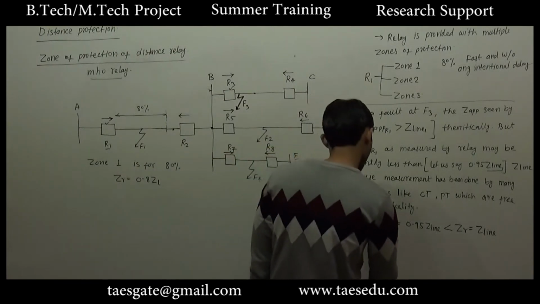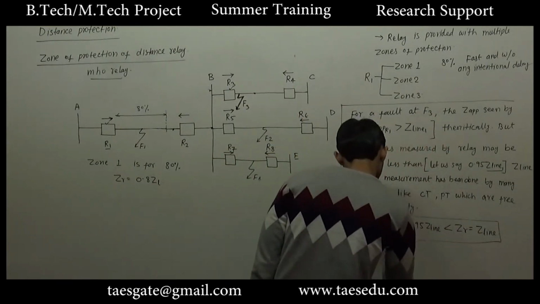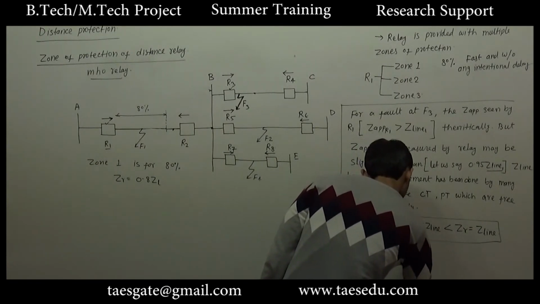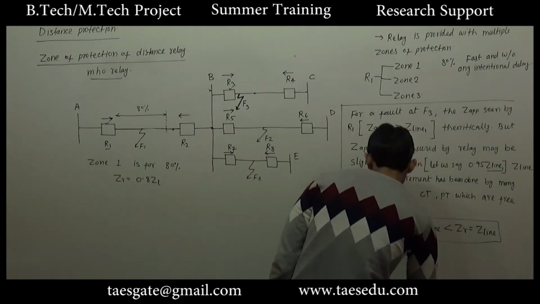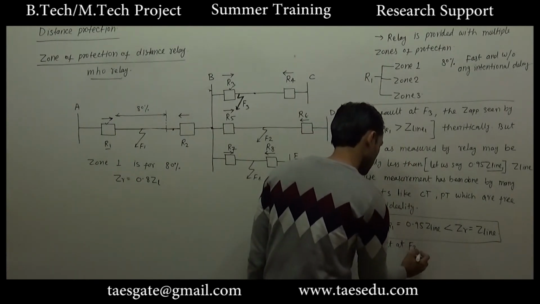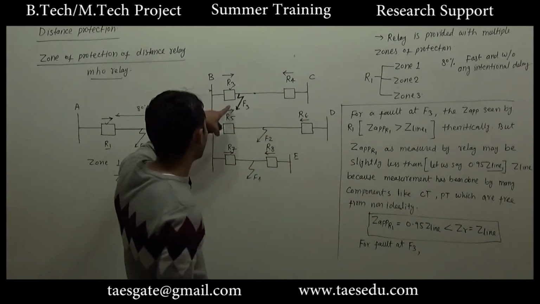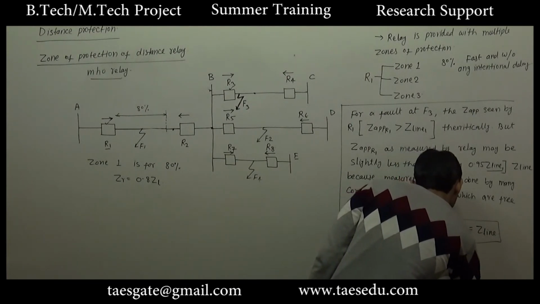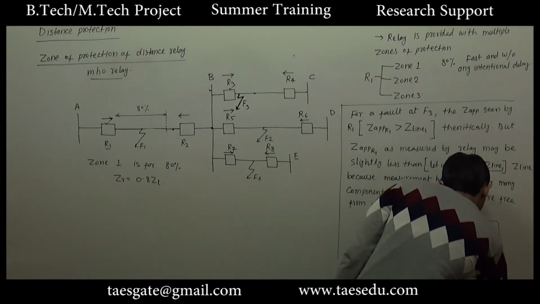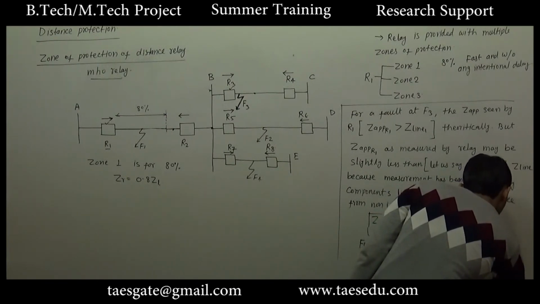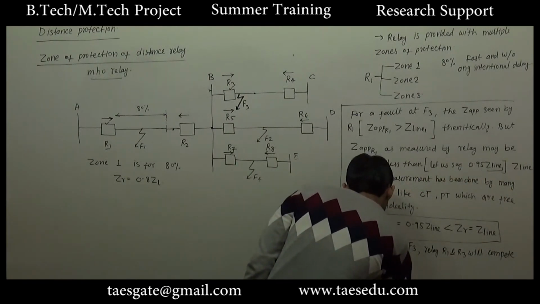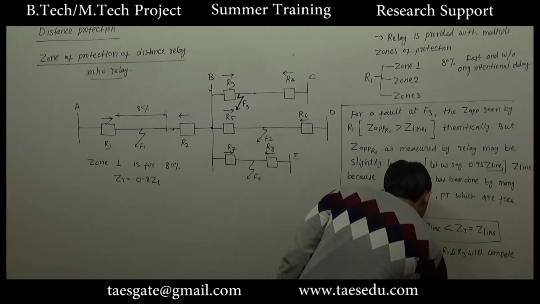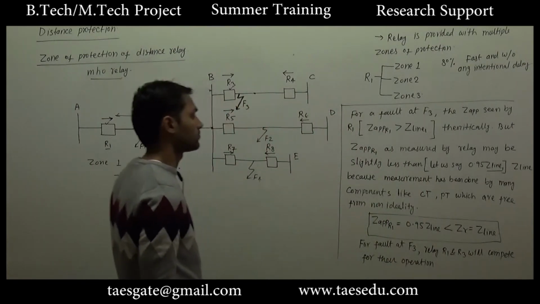In this case, for fault at F3, relay R1 and relay R3 will compete for their operation, which is not desirable.